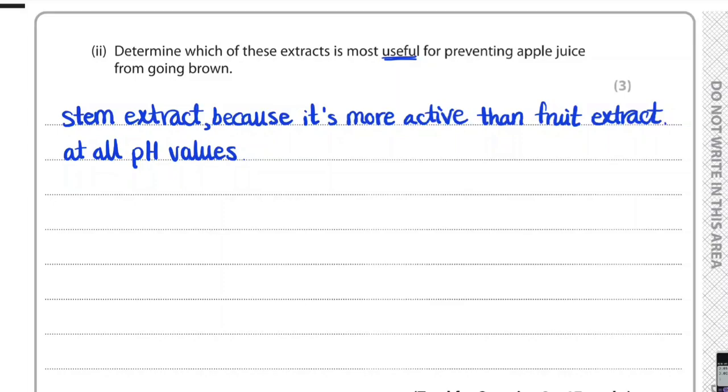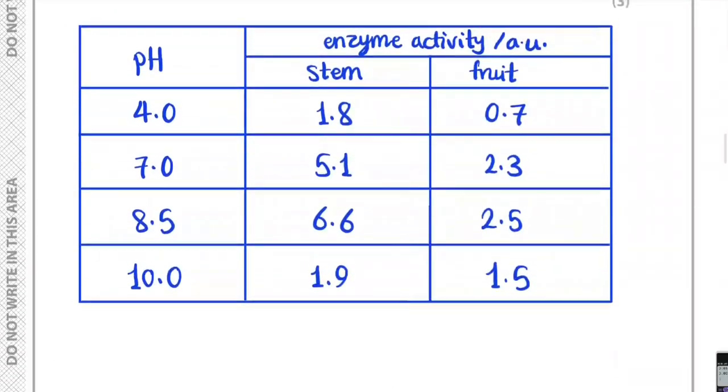For the data manipulation, we can go to the table here and say, for example, at pH 8.5, the stem extract has a higher enzyme activity by the subtraction value of these two numbers. So if I subtract this by that, it's going to be 4.1 AU more active than the fruit extract. So I'm just going to write this value in my answer as a data manipulation point.